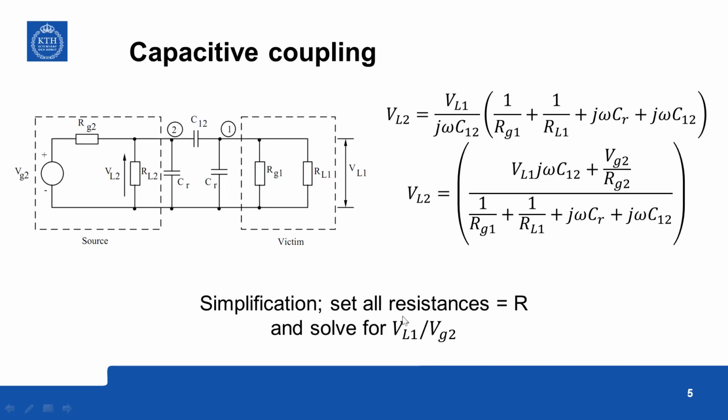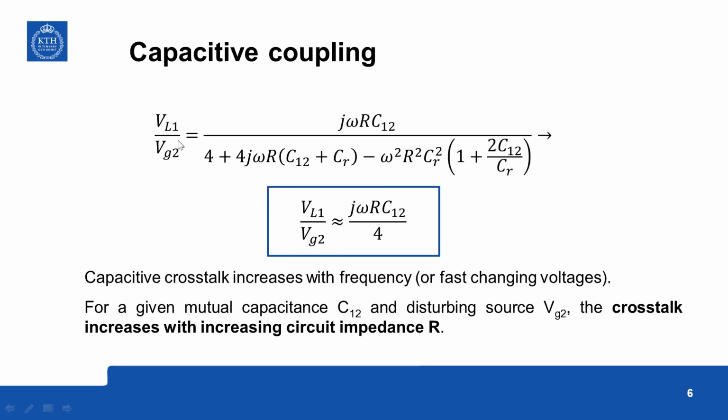So let's say that all resistors involved have a common resistance R. Then in that case we solve for VL1 and VG2. Then we get more simplified expressions that can be handled. So we get an expression like this: VL1 by VG2.